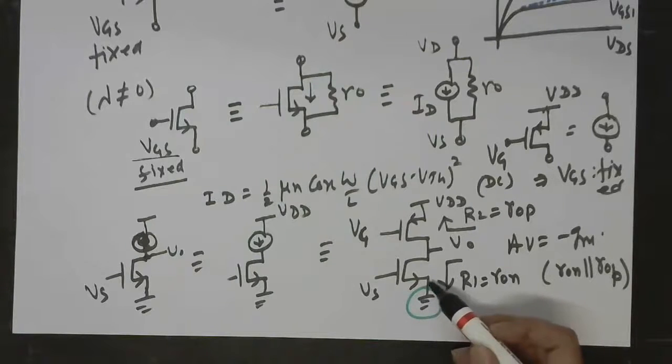We are going to put a resistor between source and ground and then try to see what we get, what is the gain and what is the behavior of that circuit with respect to this simple version, which is called without degeneration.